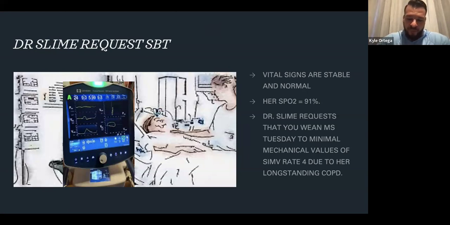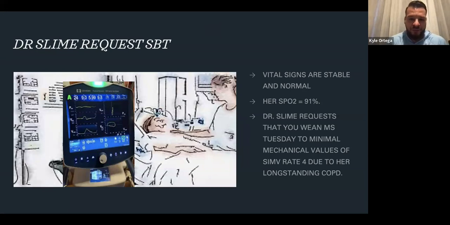So, assessments that we'll use to know that she passed. We'll make sure she's pulling good tidal volumes and minute ventilation in the normal range. The SBI less than 100. Vital capacity, at least a liter.